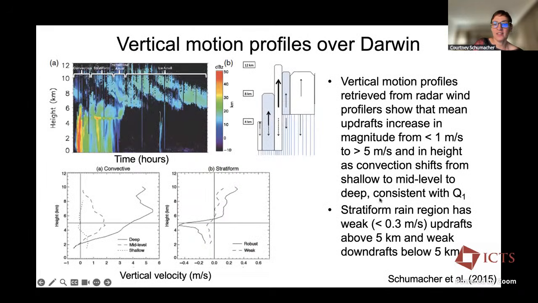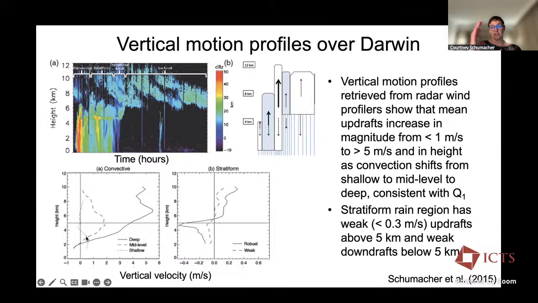And like I said, I wanted to give you some quantification of how strong the vertical motion is in a convective cell. This is over Darwin. These are vertically pointing radar retrievals. On the left is just the reflectivity of what that might look like from a profiler, just looking straight up. These lines show going from shallow, mid-level, and deep. This is the mean vertical motion that was observed.